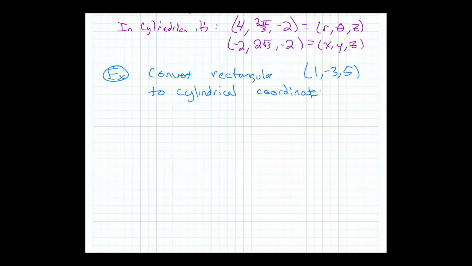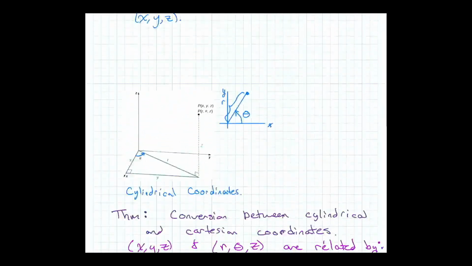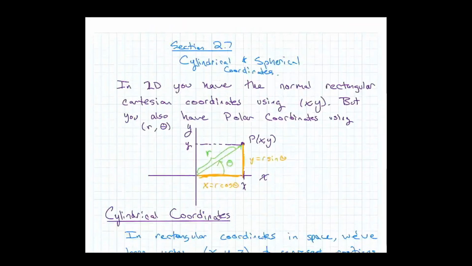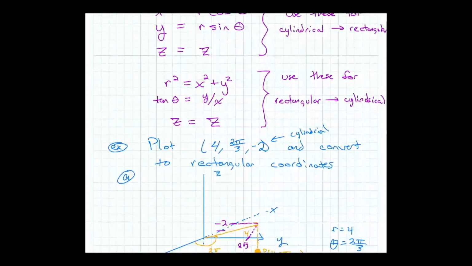All right. What you have to be aware of when you do this is that this isn't that hard. R squared is x squared plus y squared. For the tangent of theta, you're going to have to do an inverse tangent in order to get the right answer.